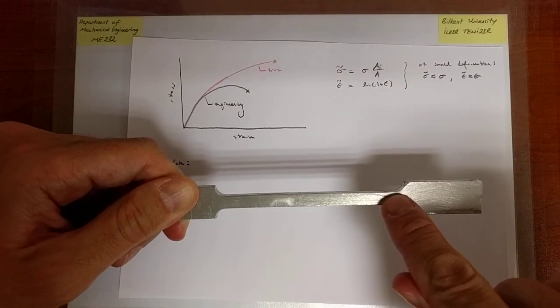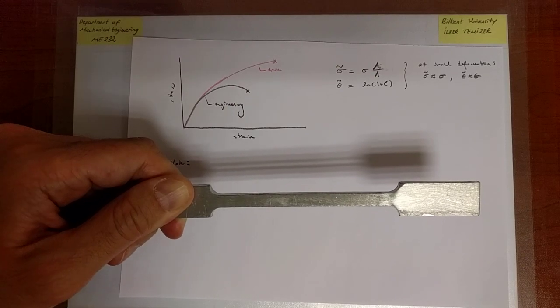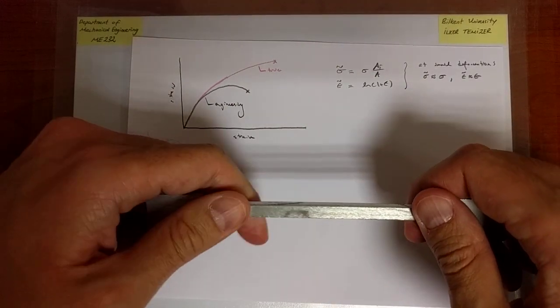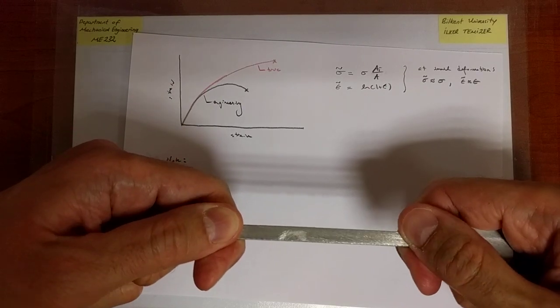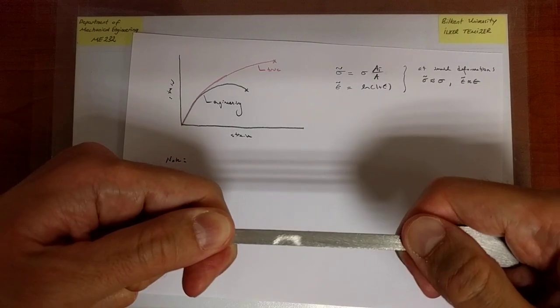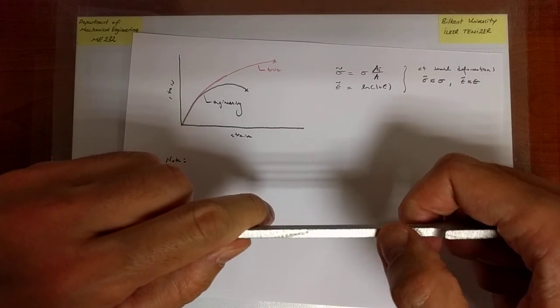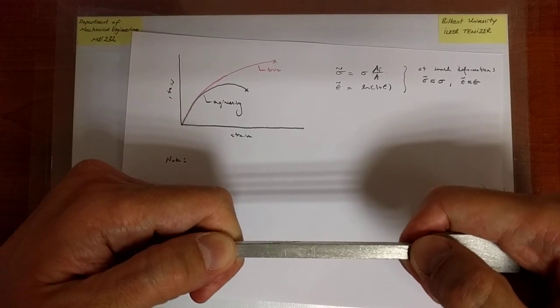Now, when the specimen deforms elastically, let me ask you a question. Does the volume of the specimen, and when I talk about the specimen, I'm only concentrating on the gauge portion of the specimen, when I pull on the specimen, is the volume of the specimen, right? Length times this distance times that distance. Is that volume changing?